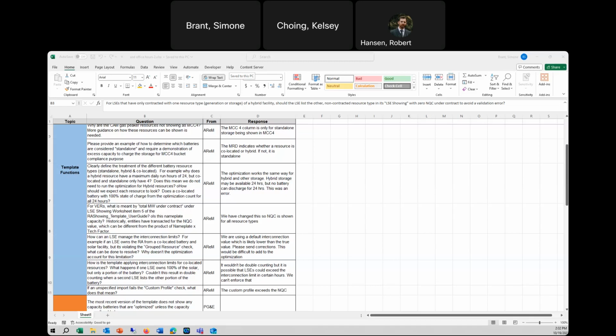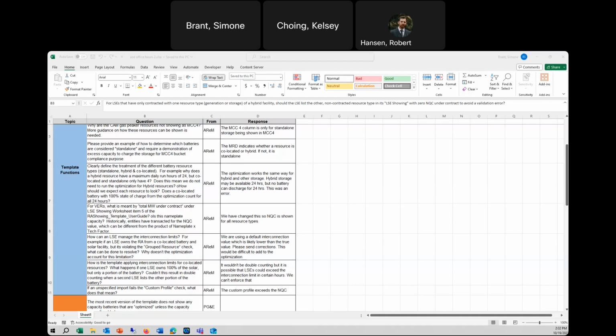So if you run an optimization and it doesn't pass the grouped resource check, you'll need to change something and rerun the optimization or manually change the shown hours of that storage resource. Just the shown hours or the shown amount?